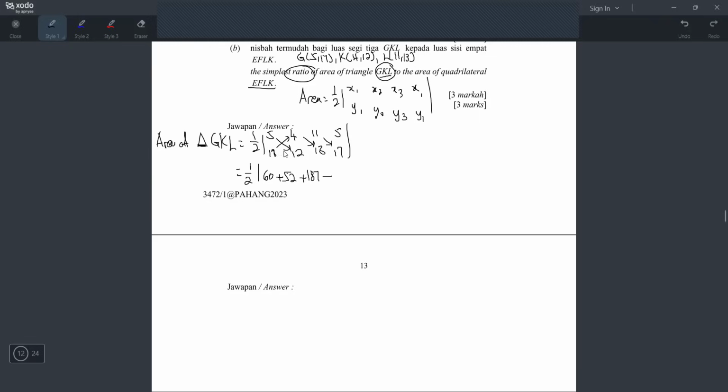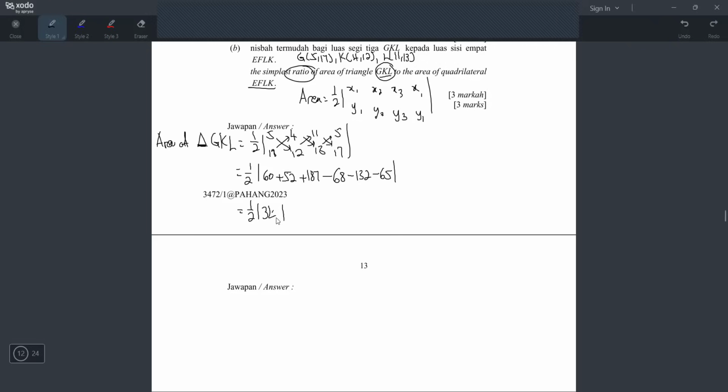That's why I minus, change direction. 17 times 4, use calculator, 68. Write it there. And then minus 12 times 11, 132, minus 13 times 5, 65, and then close the modulus. Now you will press all this inside your calculator: 60 plus 52 plus 187 minus 68 minus 132 minus 65. My calculator gives me 34.